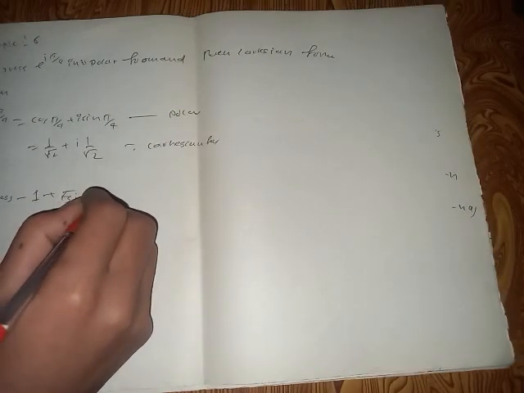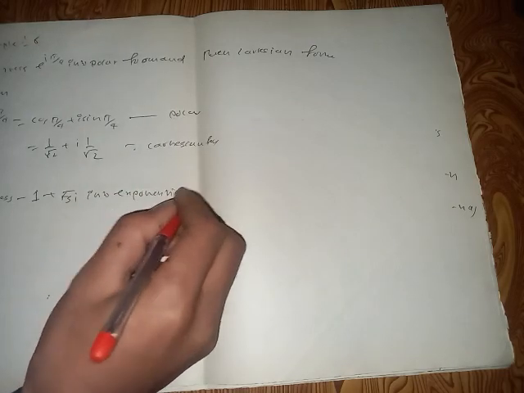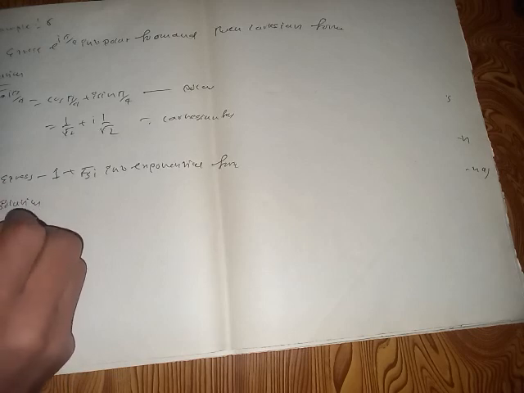Our given question is e to the power i pi by 4. We know the exponential formula, which converts the exponential into the polar form and the Cartesian form: e to the power i pi by 4 is equal to cos pi by 4 plus i sin pi by 4.